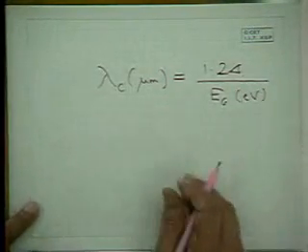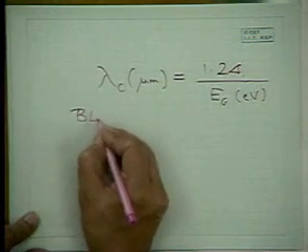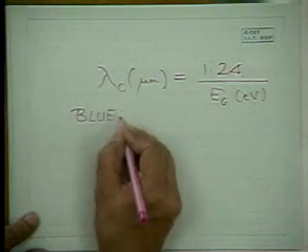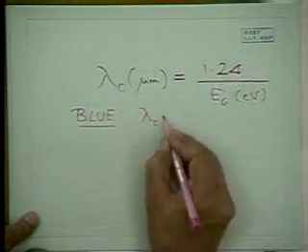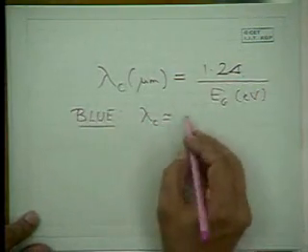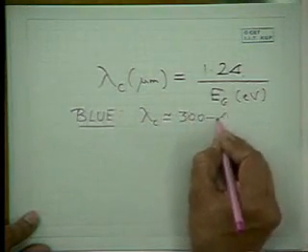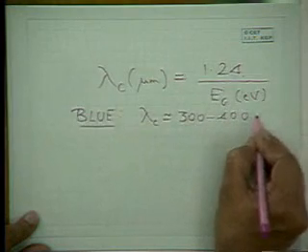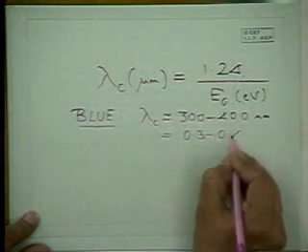I'll come back to this over and over again, but when talking about blue lasers, we know that the wavelength of blue light is roughly in the range of say 300 to 400 nanometers, or 0.3 to 0.4 microns.